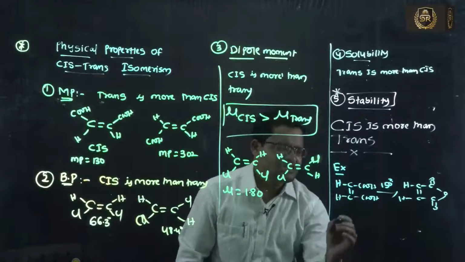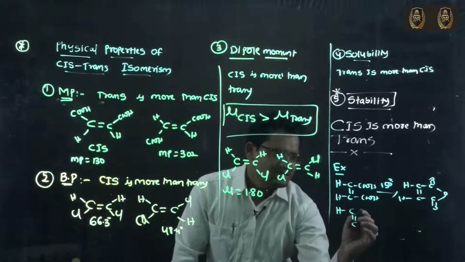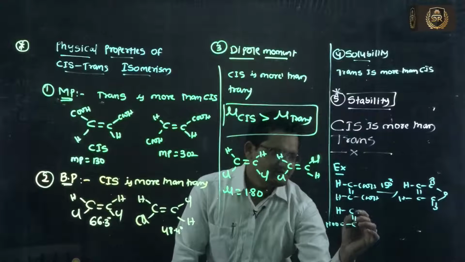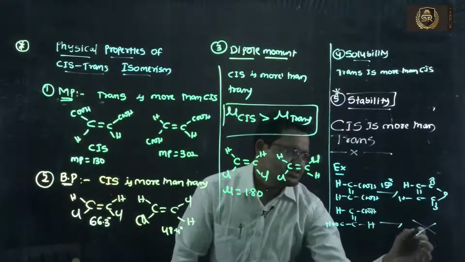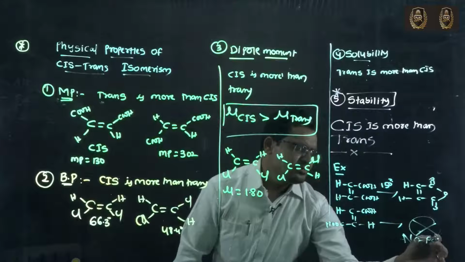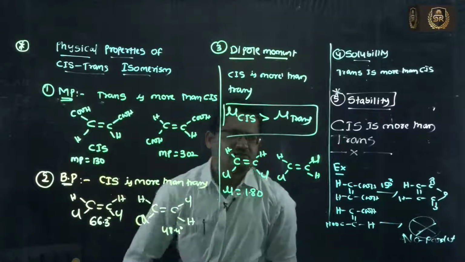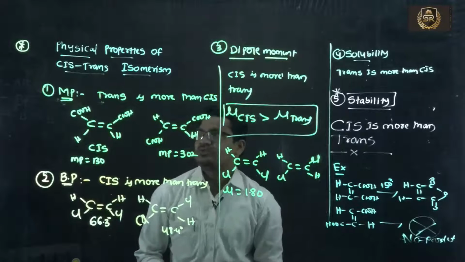This is acetic anhydride. But trans, with COOH on this side and H on this side, gives no product. So cis gets acetic anhydride, but trans forms no product.